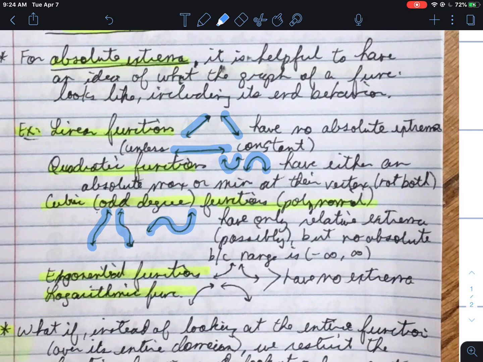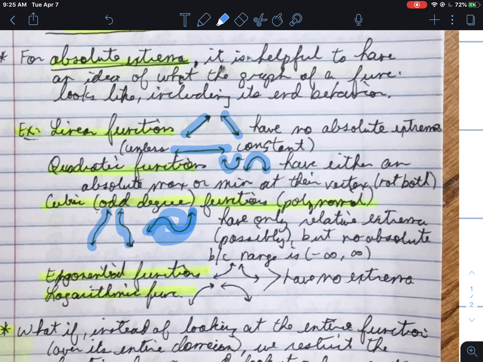Now there could be a relative max or min, because like that third one, we do have some turning points on this graph. So there is a relative max, there is a relative min there, but there is no absolute max or absolute min over the entire domain of that function.